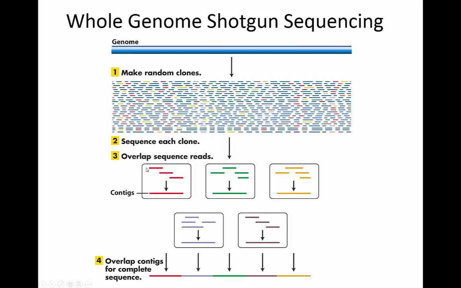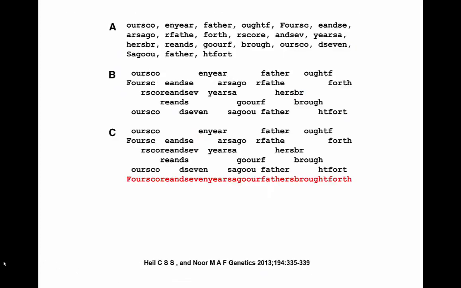Once those sequencing reads are completed, we can find the regions where the sequence overlaps and start to assemble those into what we call contigs. Just as an example, here is the Gettysburg Address broken up into lots of little pieces, and you can look for the overlap and begin to assemble the entire speech back together again.